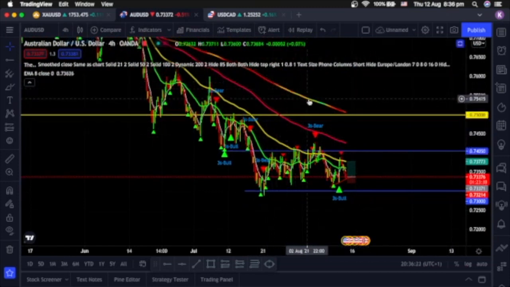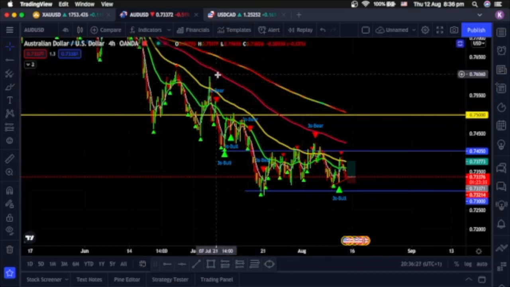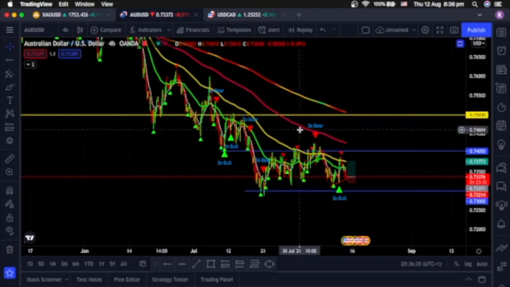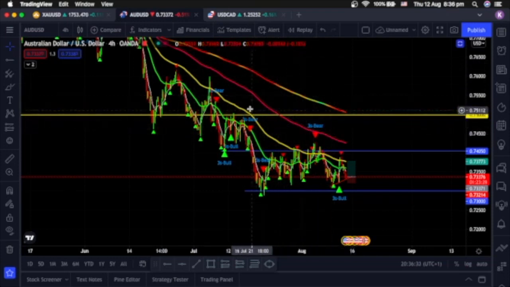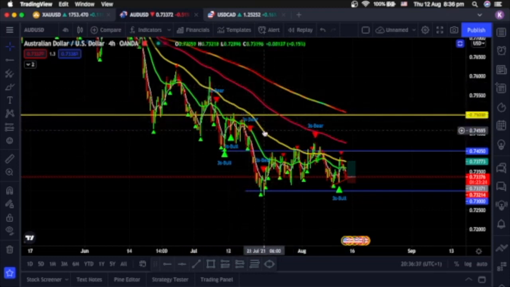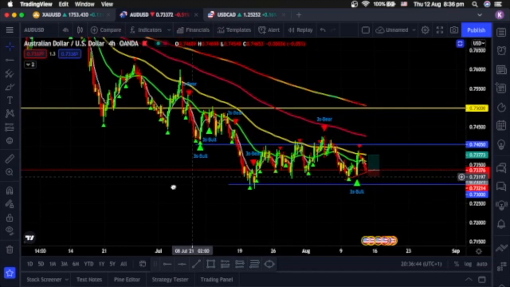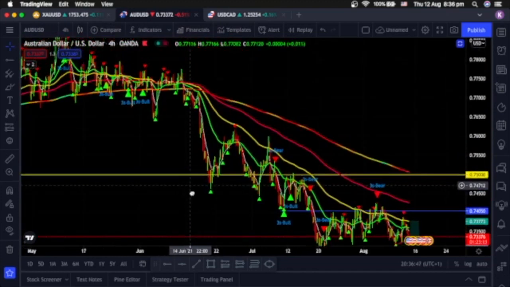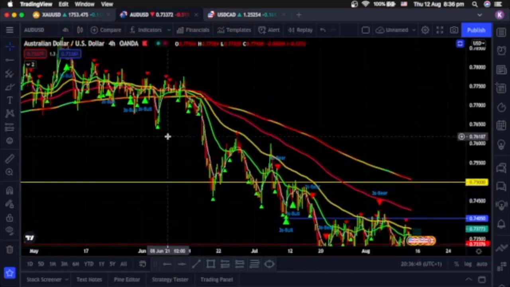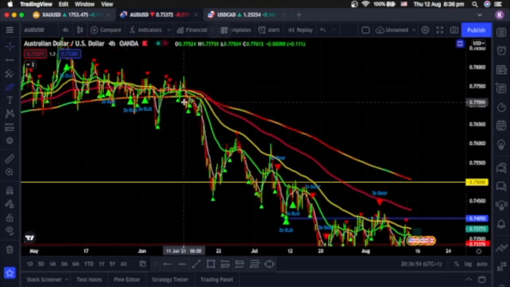The first one is a 200 smooth moving average, and the second one is a 100 smooth moving average, and then the yellow line is a 50 smooth moving average, and then the green one is a 21 smooth moving average. Now, this strategy is basically, let me explain it to you guys. Check this out, right? I usually try and trade the crossover.